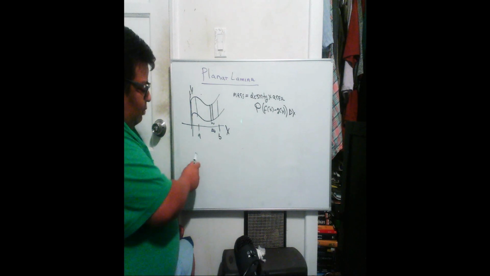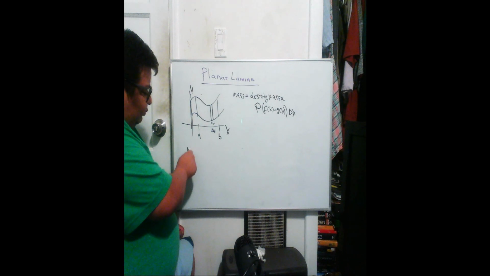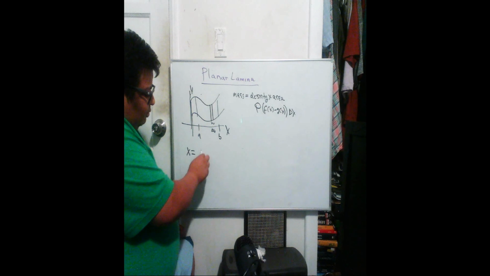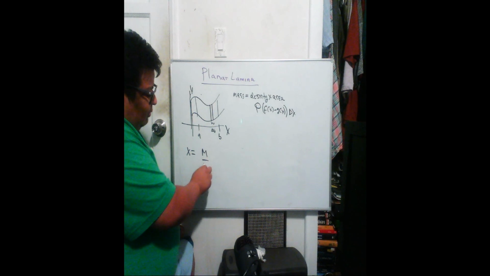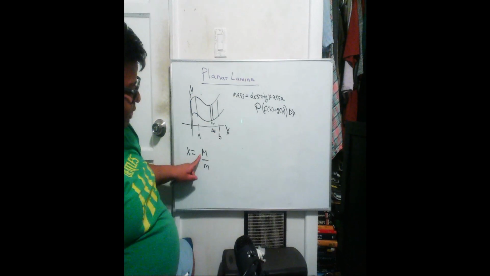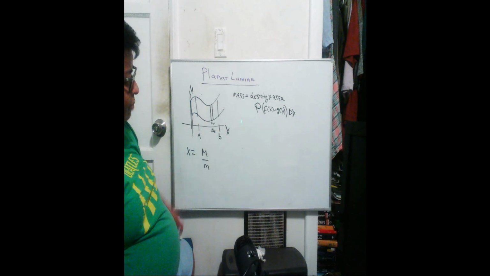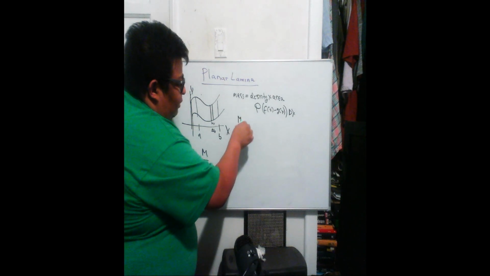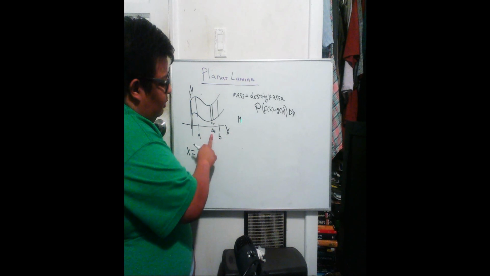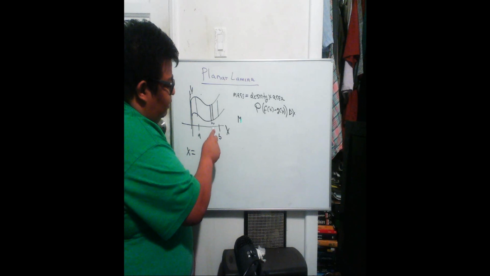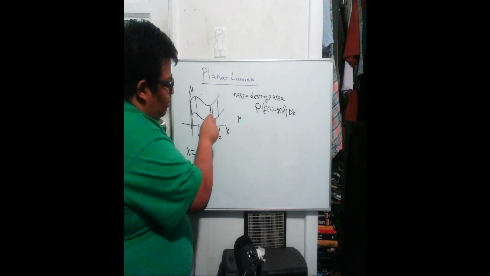As we know, the center of mass formula is equal to the total moment divided by the mass. Here we have the mass, but we need the total moment. So how do we find the total moment? In the previous video, we found the moment about the origin for that little rectangle, from here to here.